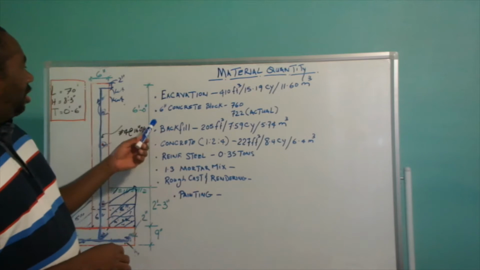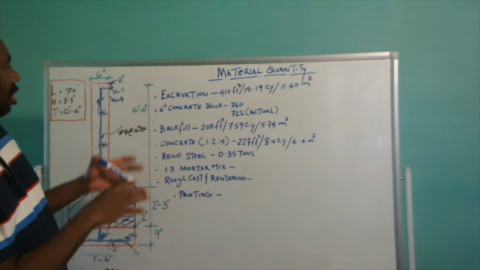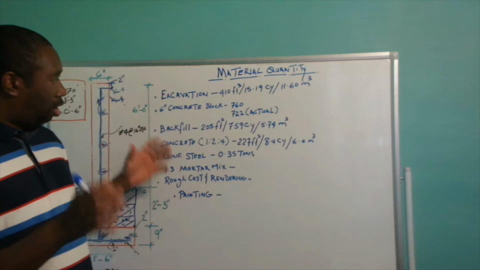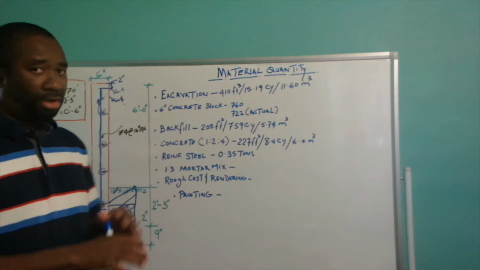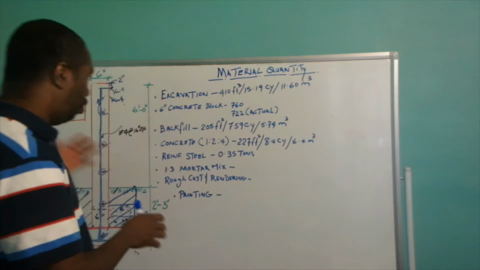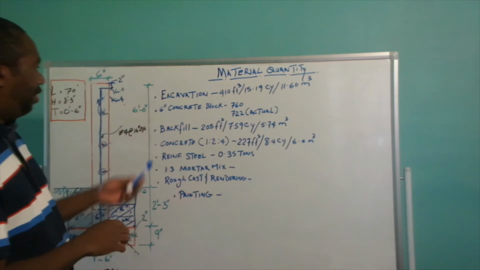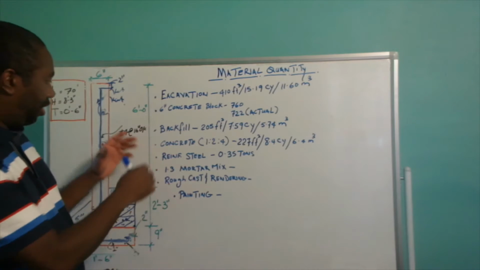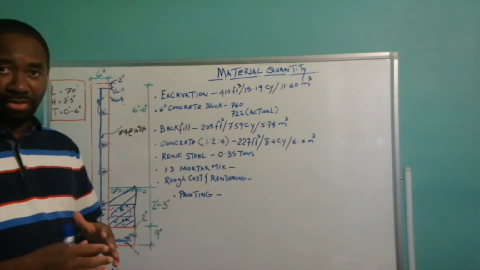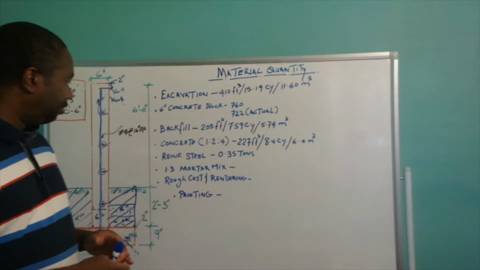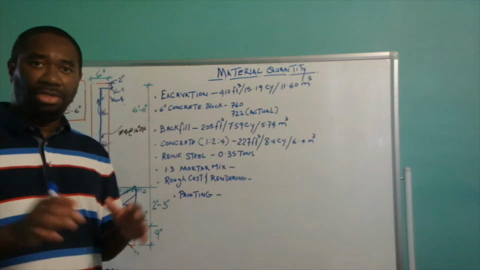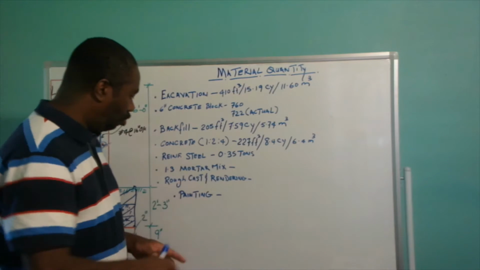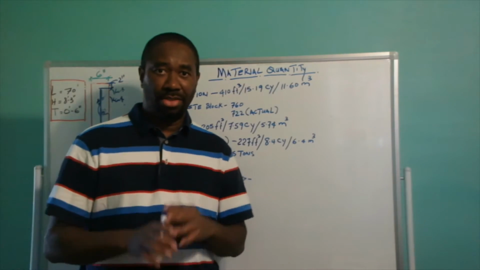The number of 6 inch concrete blocks is 760, or 722 for the actual construction of that wall system. I have calculated the backfill, the concrete, and the reinforcement steel, which I mentioned before to be 0.35 tons. In today's video, I am going to be continuing with my 1-3 mortar mix, my rough cast and render, and my painting. So don't go away.